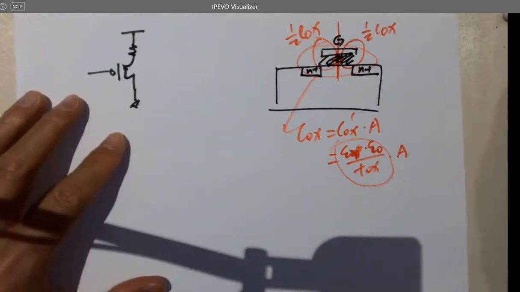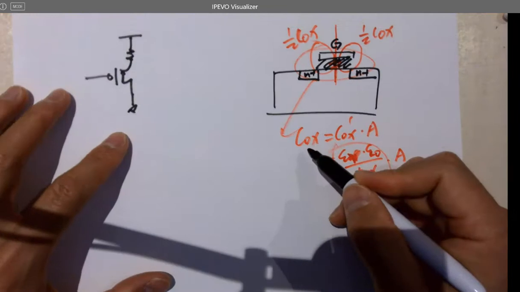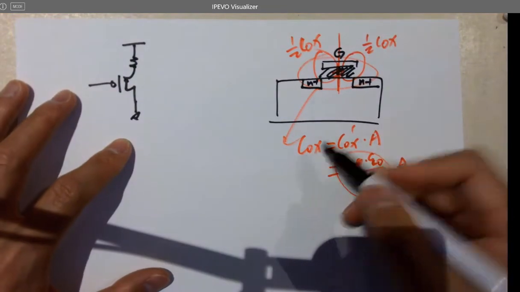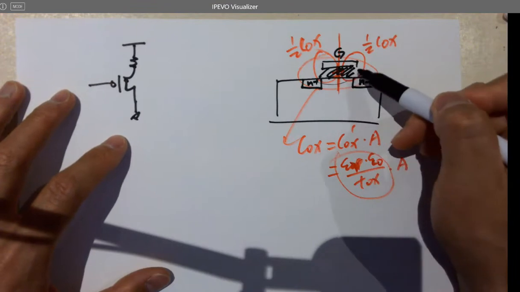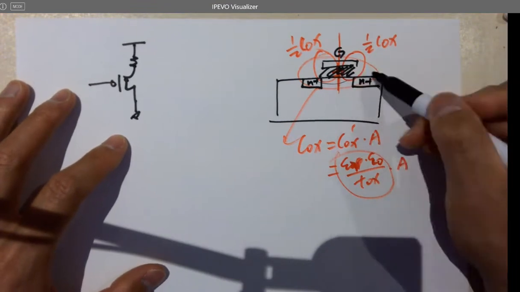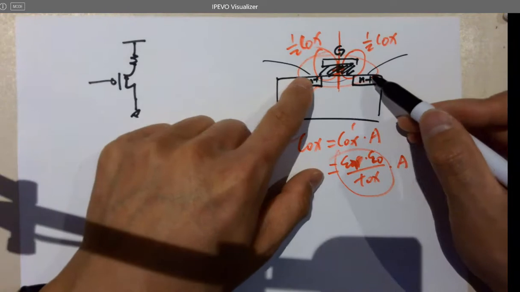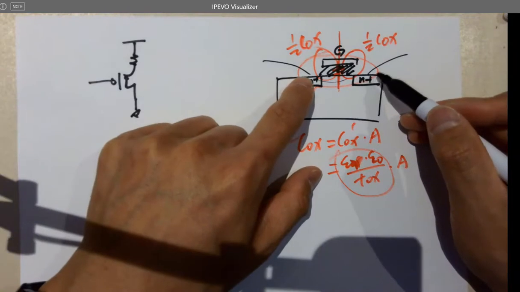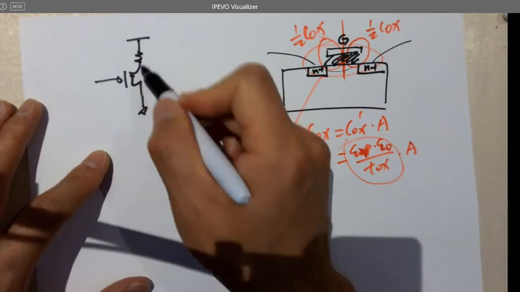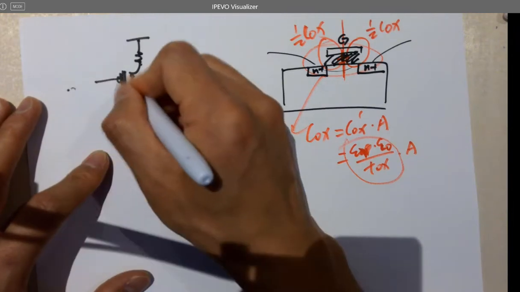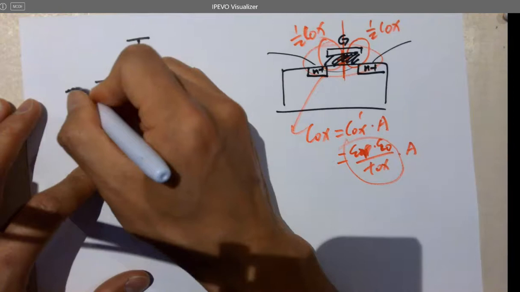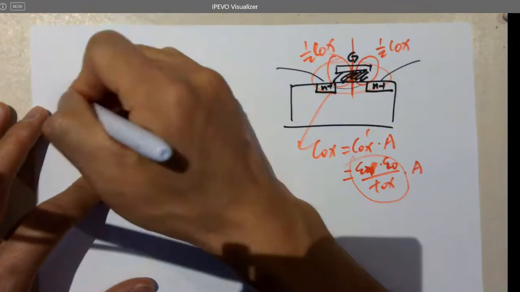So Cox is the capacitance of the oxide layer here. But when we do the analysis, we have to divide it into halves because both of the terminals have connections. So for example, this one has a connection here, and a connection here. Whenever this is being driven, it's NMOS, you drive it from 0 to VDD.